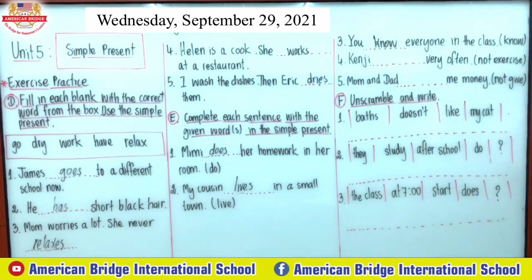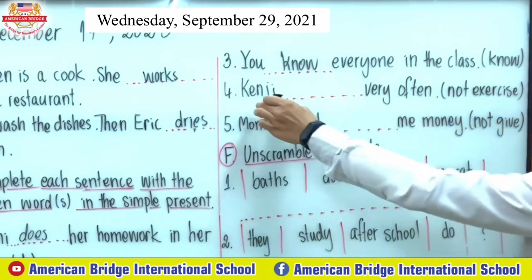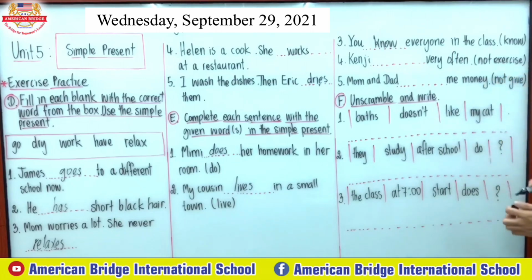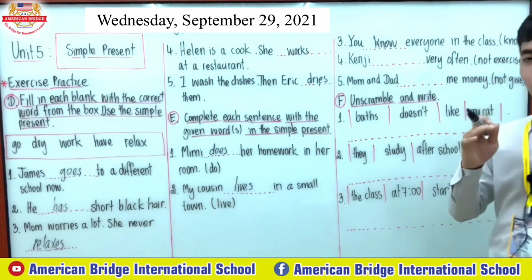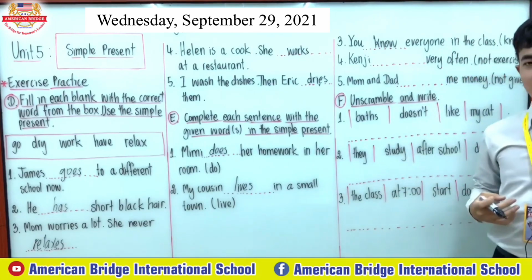Okay, guys, number 4, Kanji. Kanji very often not exercise, right? So Kanji is the subject in our sentence, and Kanji is also the third person singular subject, and we use it not exercise. So it is in the negative form, right? Okay, so if it is in the negative form, do you still remember what is the negative form of simple present?